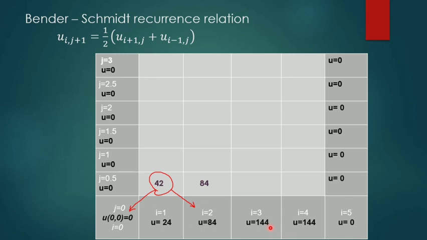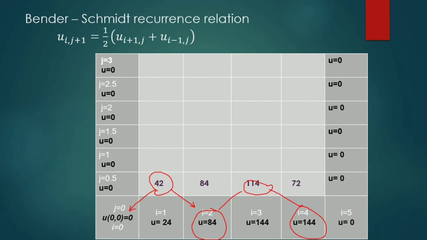Similarly, the next value is obtained from the u values here and here: you add and divide by 2. So there is 84 plus 144 divided by 2. Similarly, all other values are found.